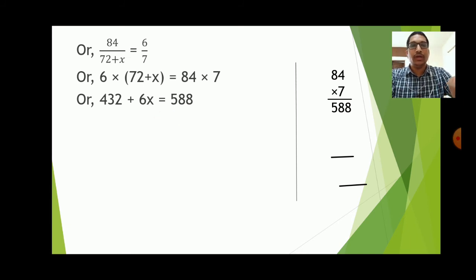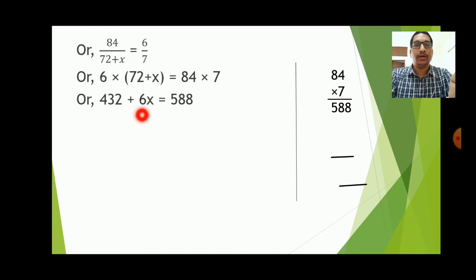When you solve an equation, you have to remember this: if you want to move some quantity from the left side to the right side or the right side to the left side, the sign will be changed. That means plus will be minus, minus will be plus, multiplication will be division, and division will be multiplication.